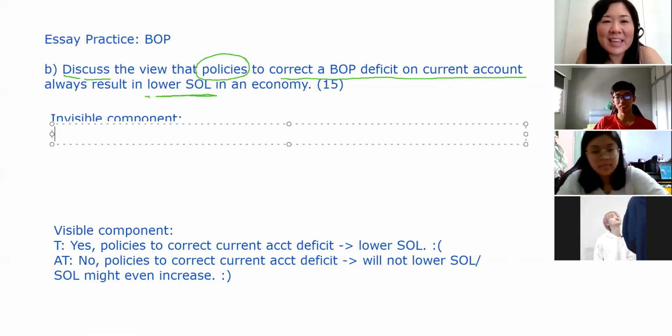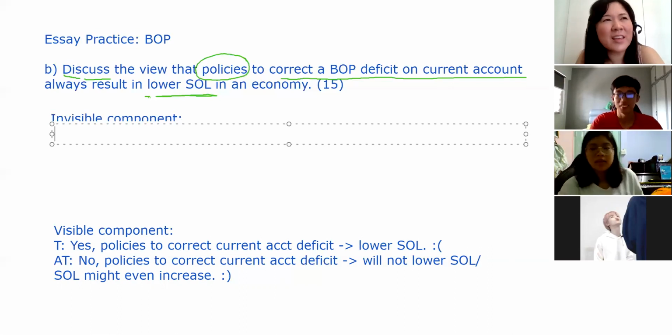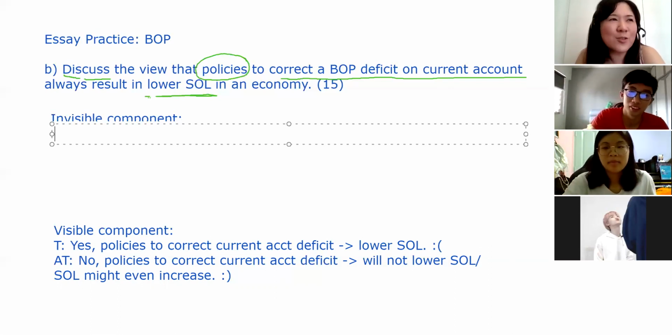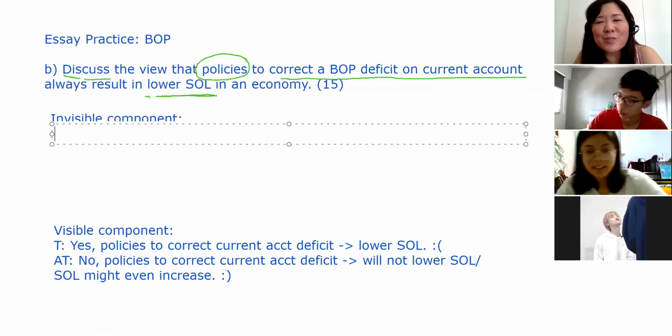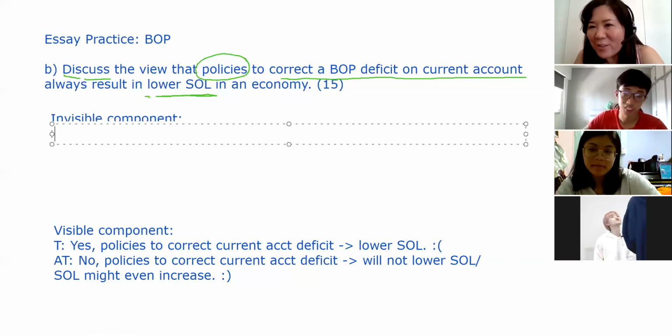Take note, I had this student just last year. He has always done well for his econs, although initially he didn't do well. He was more of a repeat student, a retained student who decided to do the A levels in another year.